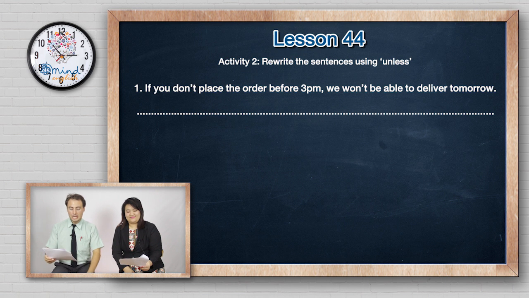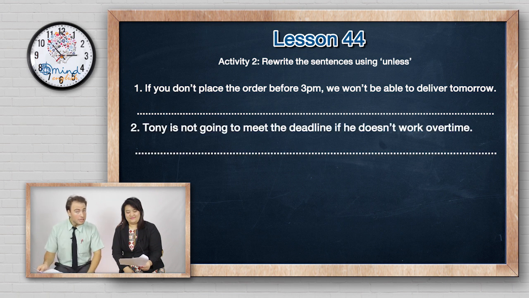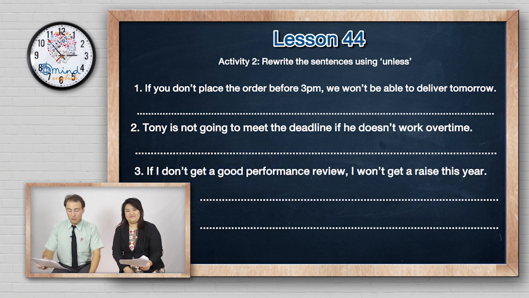Number 2. Tony is not going to meet the deadline if he doesn't work overtime. And the last sentence for activity 2. If I don't get a good performance review, I won't get a raise this year.